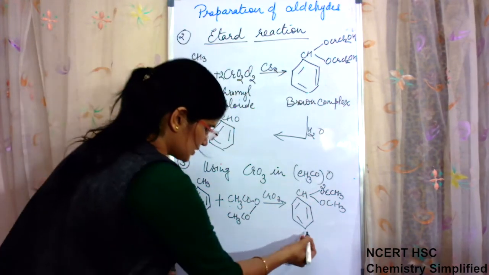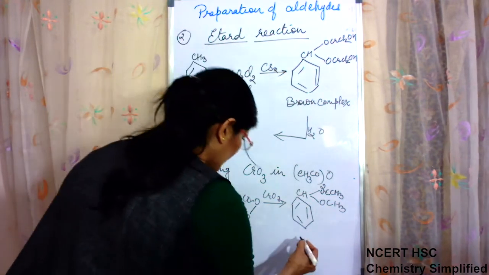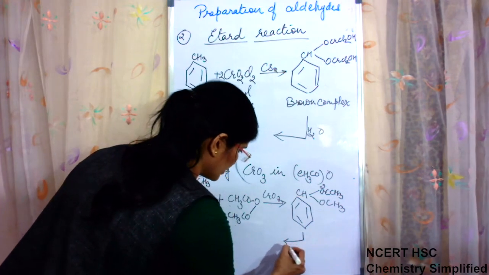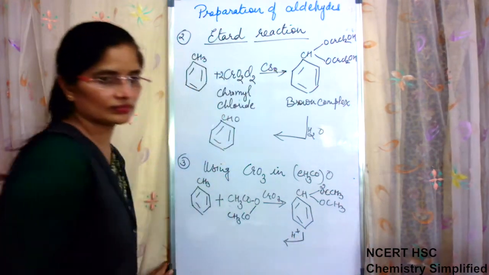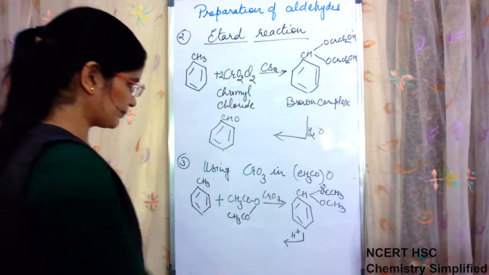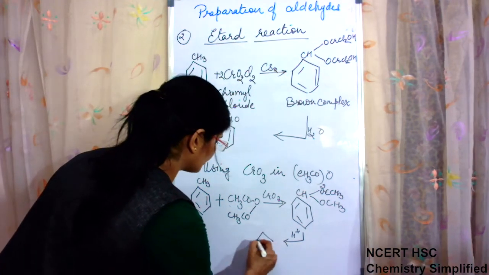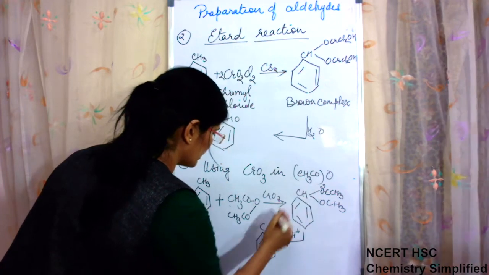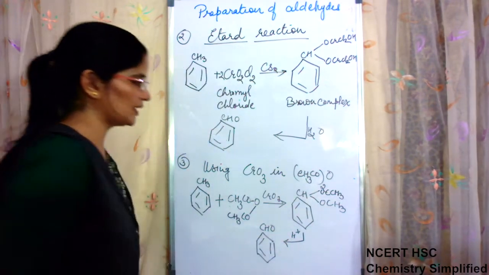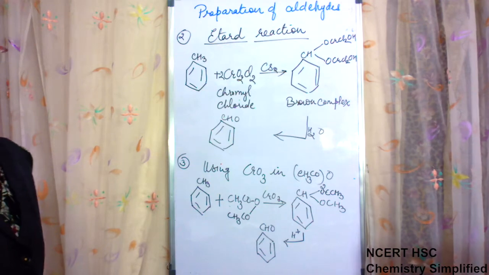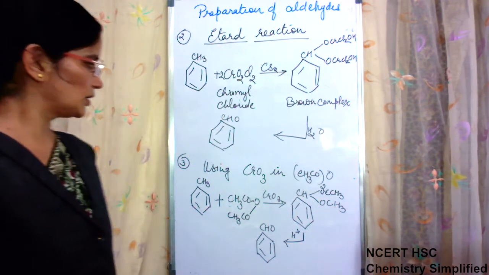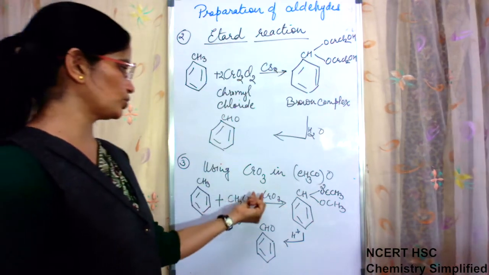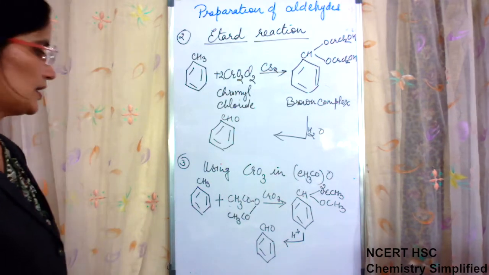Okay, then this is an intermediate. Again, on hydrolysis of this molecule, we are going to get CHO, benzaldehyde. Okay, so benzaldehyde is obtained as a product by using CrO3 in acetic anhydride.